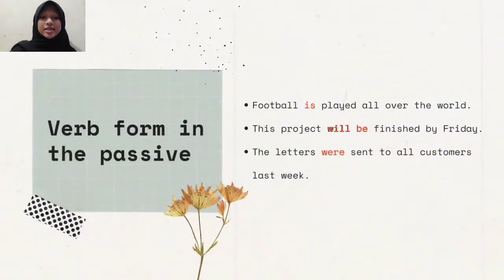Remember that the passive is made of 2 parts, be plus past participle. What changes and what stays the same? The answer, you can change the verb be to use different tenses and times. The past participle never changes. Whether you're talking about the past, the present, or the future, the past participle stays the same.